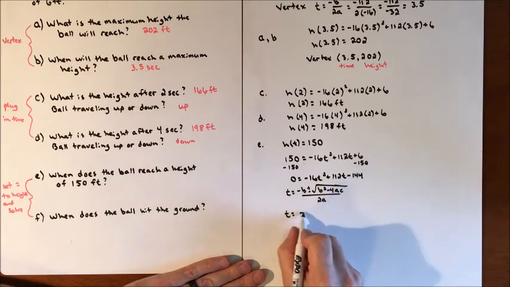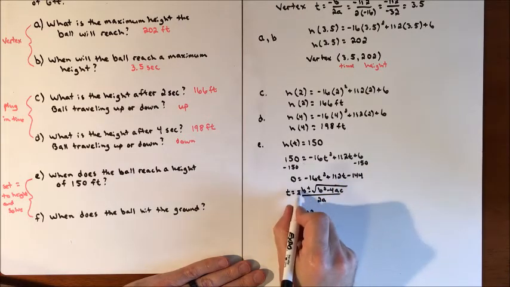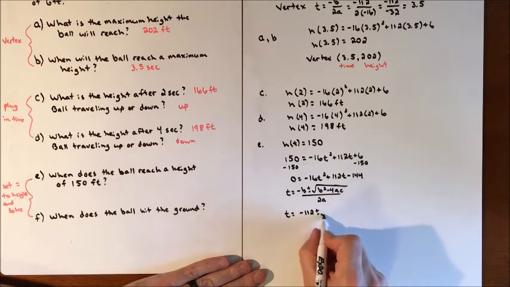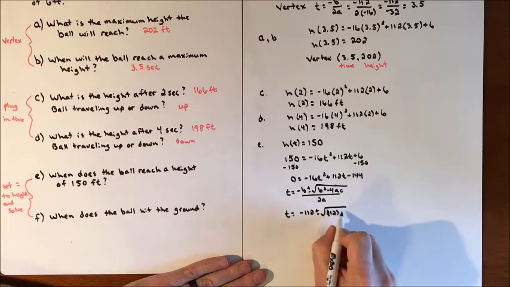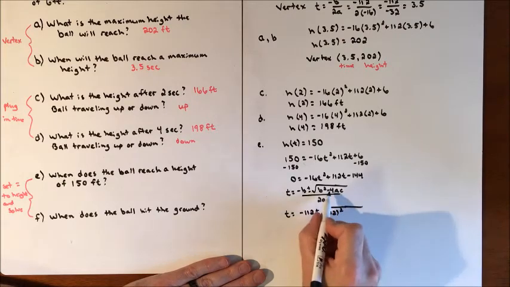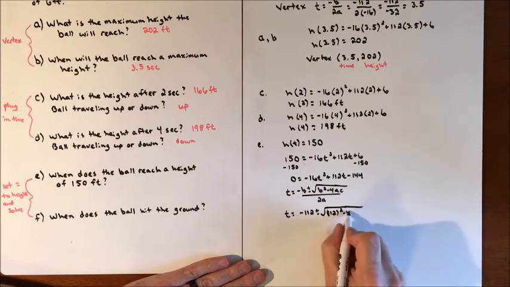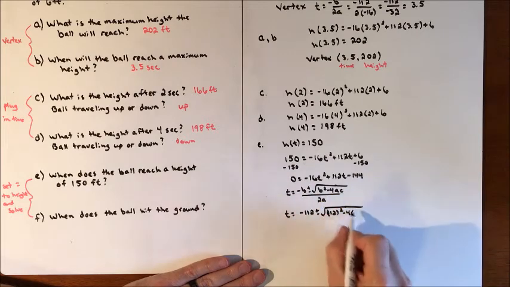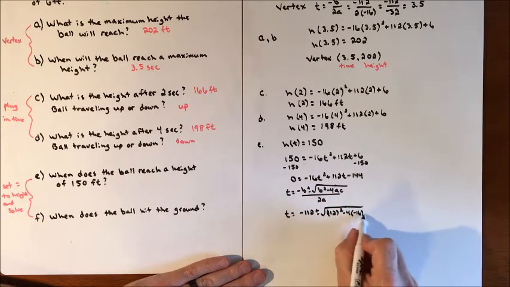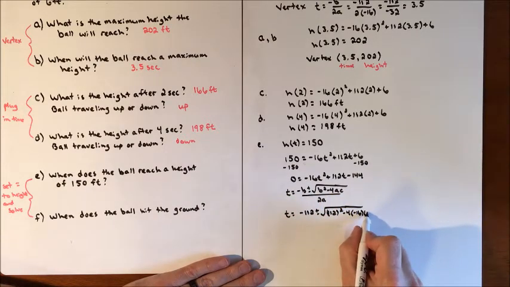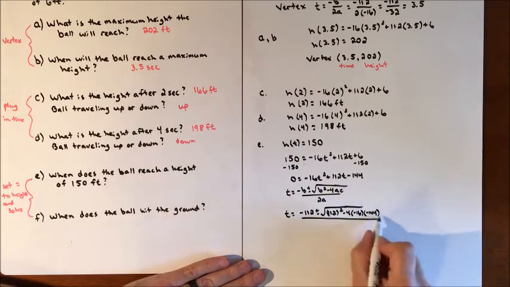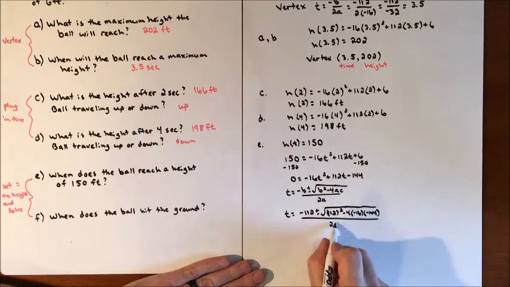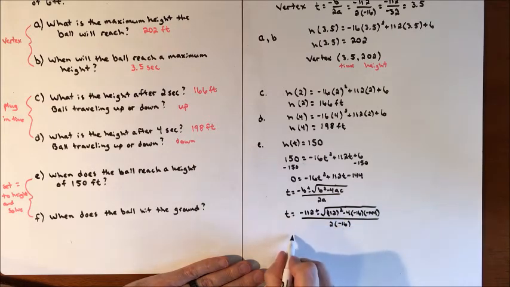My b value is 112, so negative 112 plus or minus square root of 112 squared minus 4 times a, negative 16, times c of negative 144, all divided by 2 times a, which is negative 16.